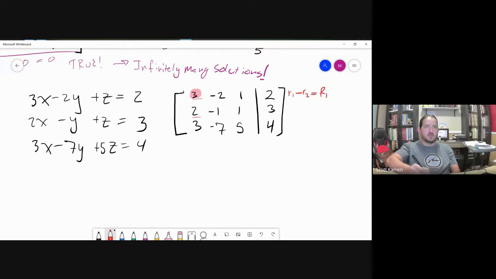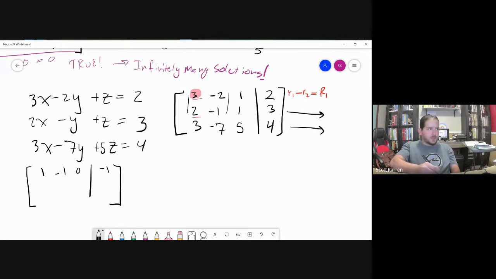And that's my new row 1. So row 1 minus row 2 is 3 minus 2 is 1. Negative 2 minus negative 1 is negative 1. 1 minus 1 is 0. And my augmented 2 minus 3 is negative 1. Now I didn't change any of the other rows, so I'll just rewrite them.